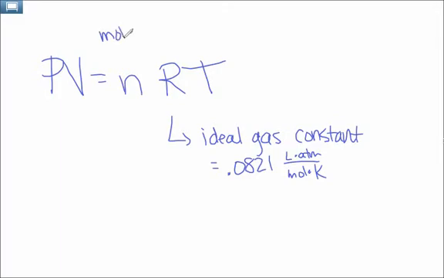What did n stand for? Moles. And because we have R in this equation, pressure has to be in what units? Because of the units that R has, ATM. Volume has to be in what units?